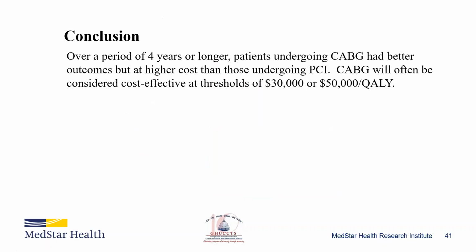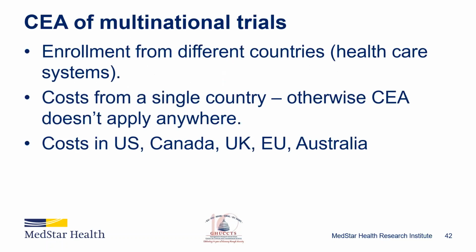And so we concluded that over the period of 4 years or longer, patients undergoing CABG had better outcomes, but at higher cost than those undergoing PCI, and that it was cost effective at thresholds between $30,000 and $50,000 per quality year gained.